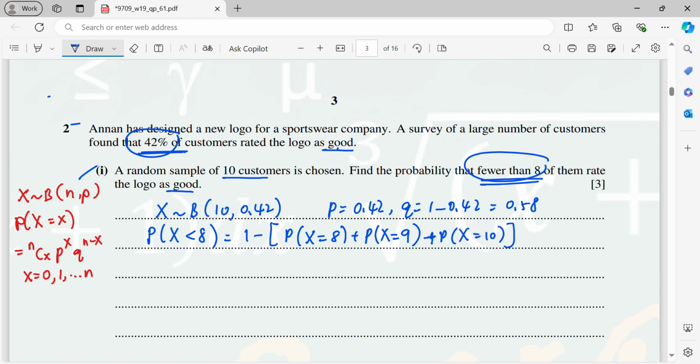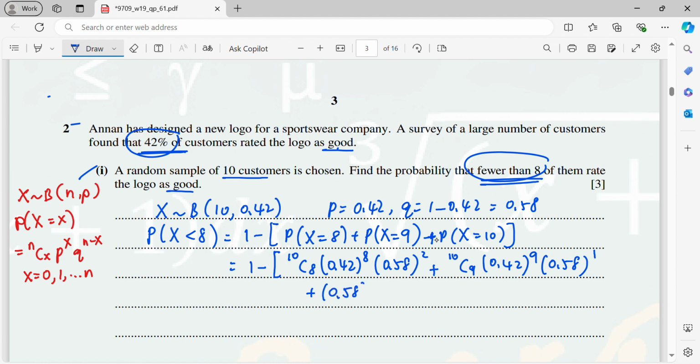So this is a complementation rule. Then apply the formula. This is going to be 10C8, p to the power 8, and then q to the power 2 because 2 failures. And then 10C9, 0.42 to the power 9, 0.58 to the power 1, plus 10 successes, x equals 10, so it will be 0.42 to the power 10.